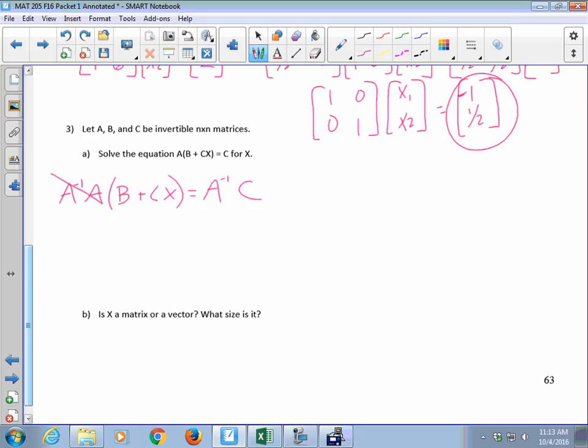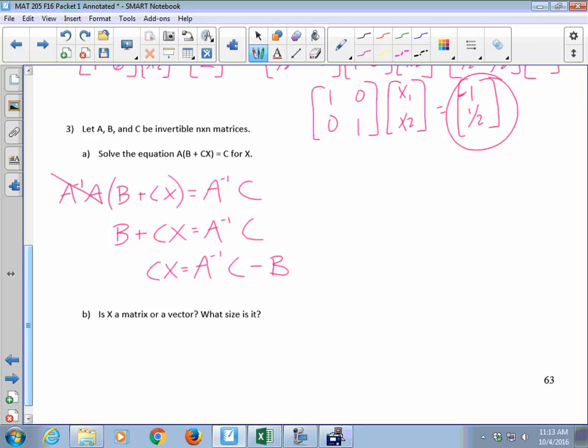You don't need to write it. So now I just have B plus CX equals A inverse C. What should I do next, do you think? Trying to get X by itself. Subtract B. Good. So CX is A inverse C minus B.